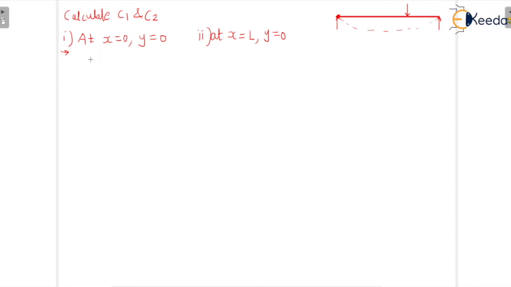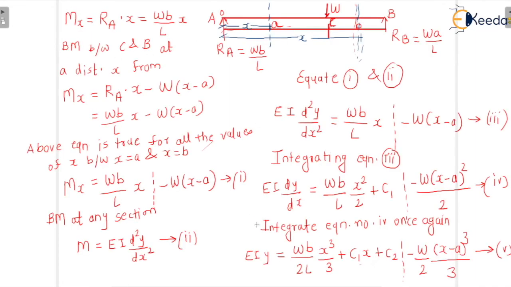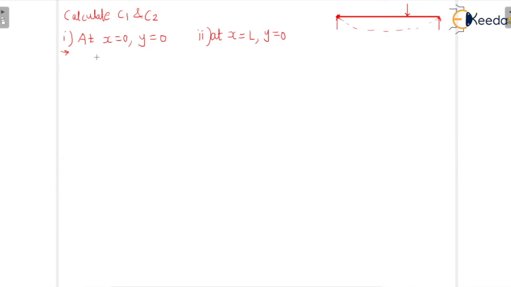When we substitute x equal to 0 and y equal to 0, we are left with C2 equal to 0 in this particular equation. So here we get C2 is equal to 0.